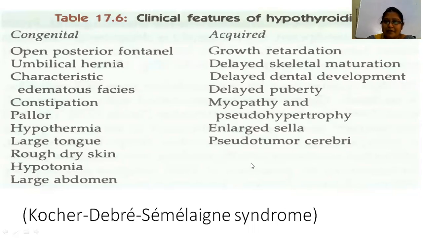Okay. And then there is enlarged sella due to thyrotrope hyperplasia. And then pseudotumor cerebri features like headache and visual difficulties are due to sellar extension. Okay. And then thyrotrope hyperplasia.